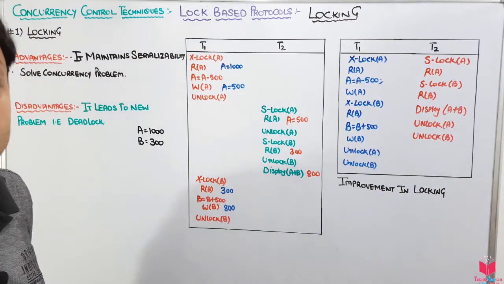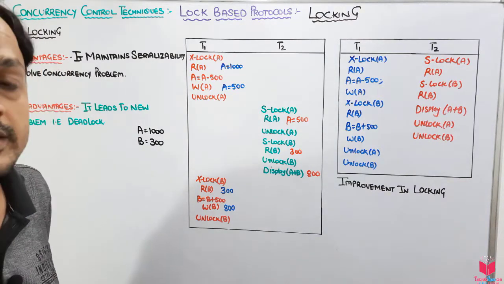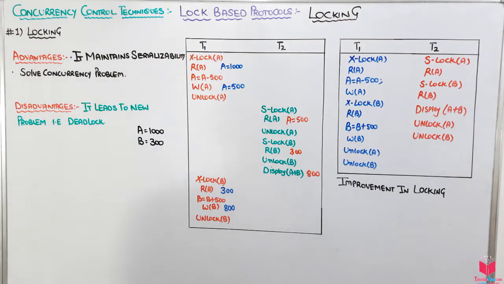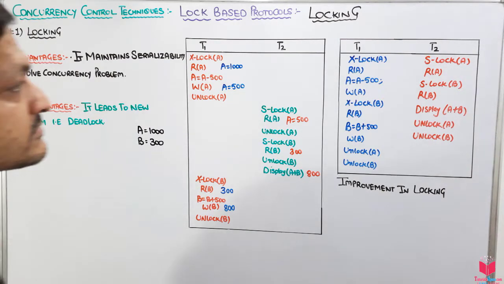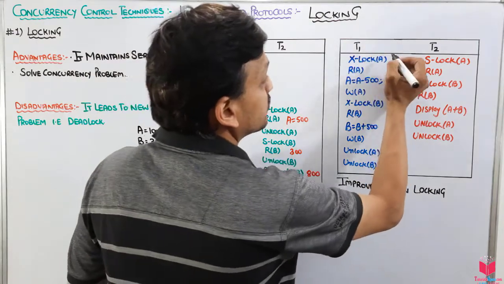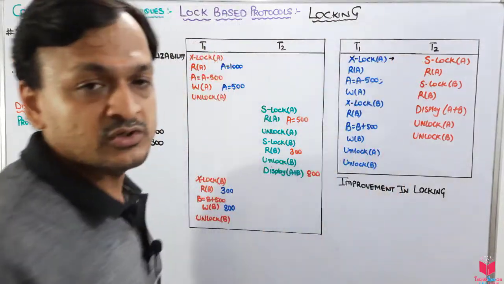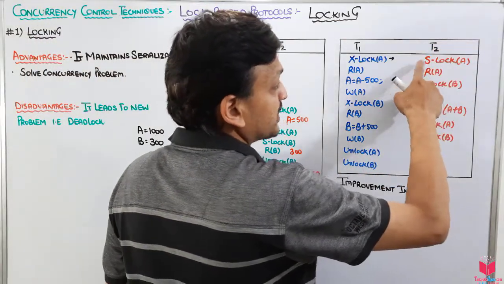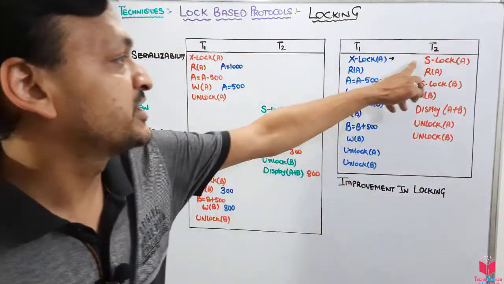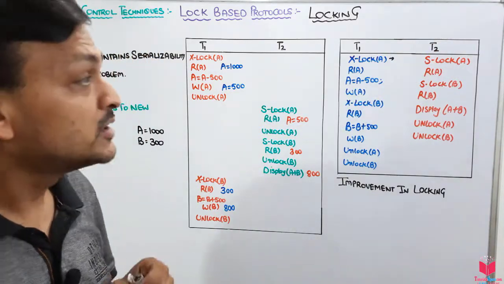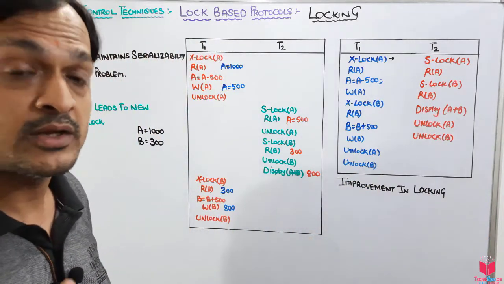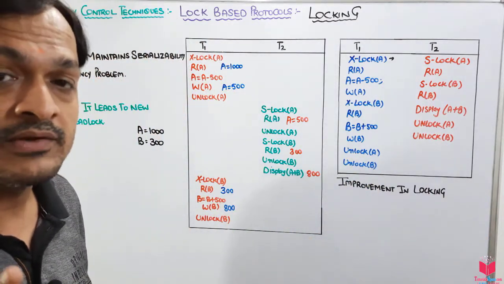But sometimes there may be other schedules, because if I want to run them in a concurrent manner, it may create some problem, which is the main disadvantage of this locking technique, which is deadlock. Suppose transaction T1 is holding the exclusive lock on A. Now suppose transaction T2 comes, which wants a shared lock on A, but that is not possible. So it requests the shared lock on B, which it will get.